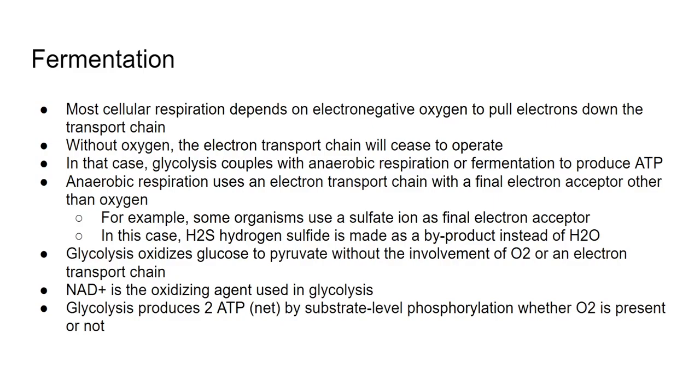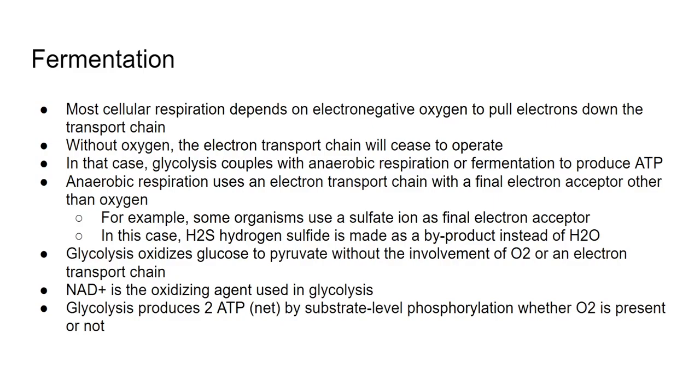For example, some organisms use a sulfate ion as a final electron acceptor, and in this case hydrogen sulfide is made as a byproduct instead of H2O. Instead of oxygen taking in that final electron, it's a sulfate, which gives us H2S. But in humans, glycolysis oxidizes glucose to pyruvate without the involvement of O2 in our electron transport chain.